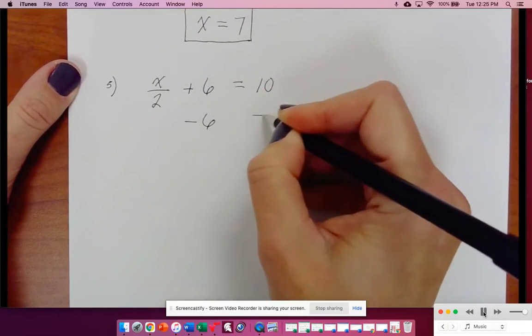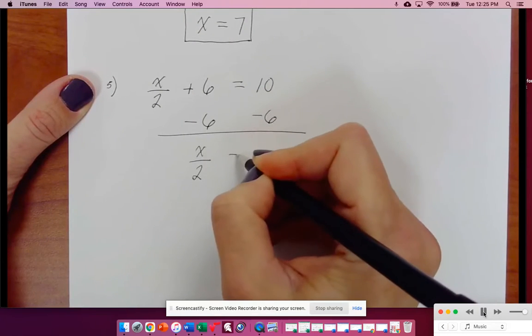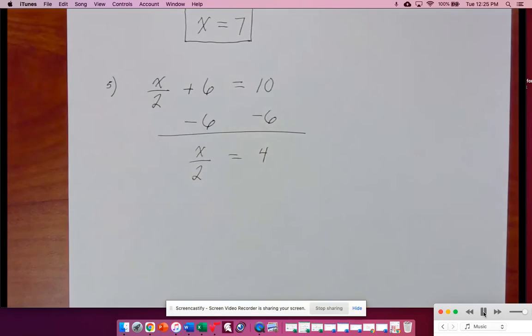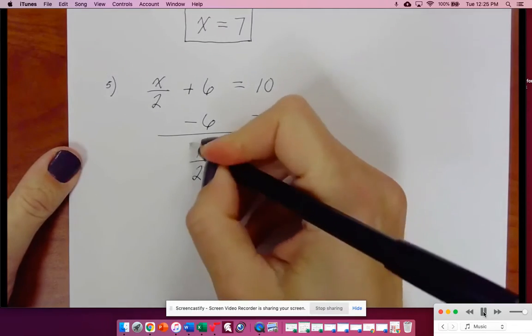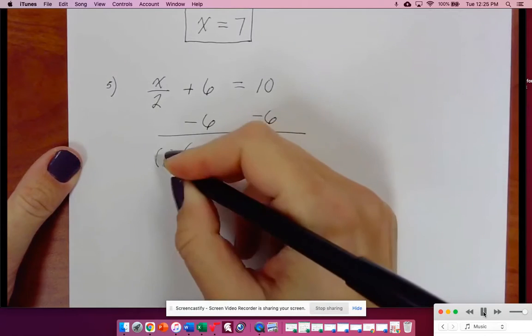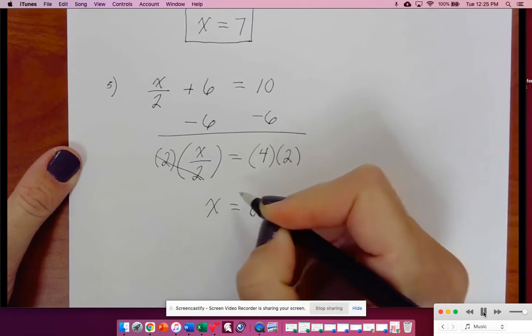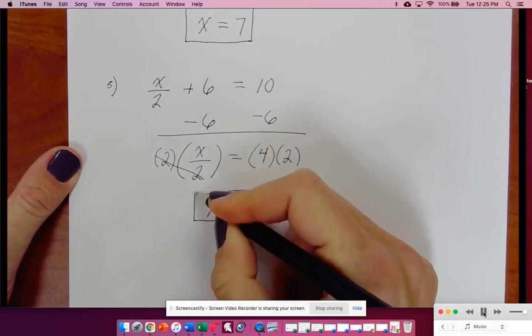Subtract 6. X over 2 equals 4. Ooh, x over 2. That's x divided by 2. How do you undo that part? You're going to multiply by 2. So 4 times 2 is going to give you 8. So we think our answer is 8.